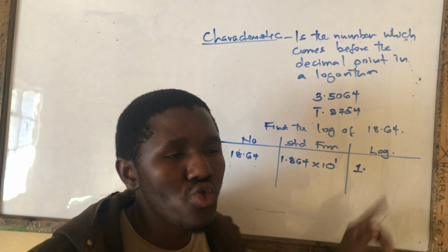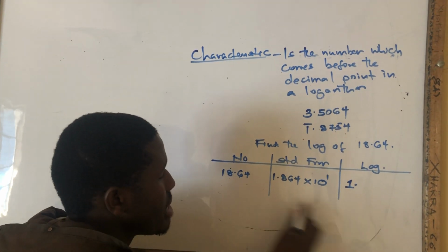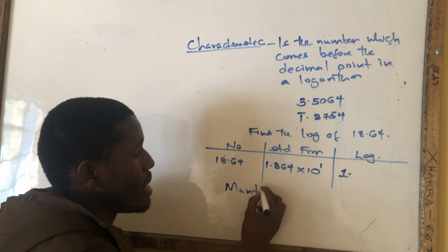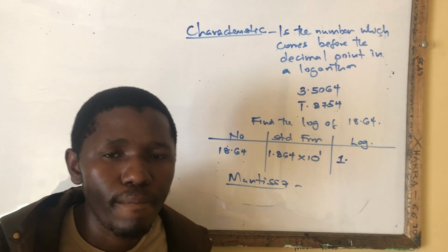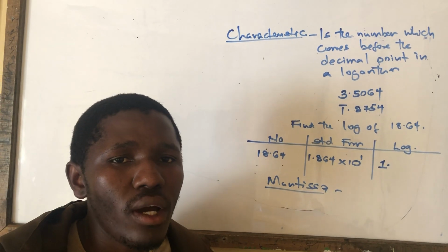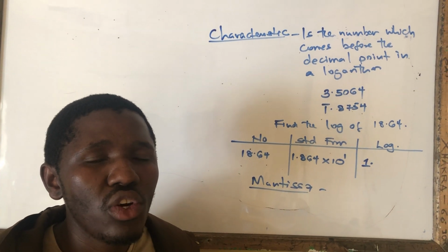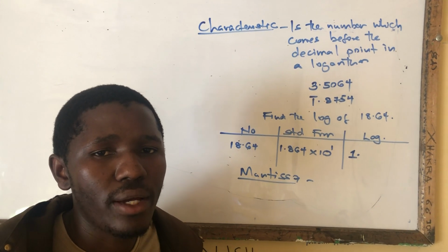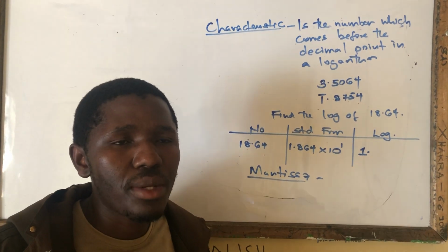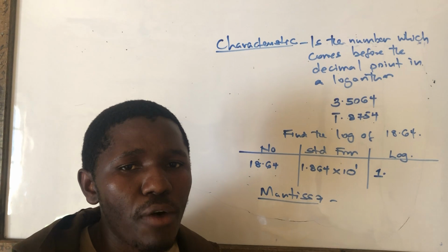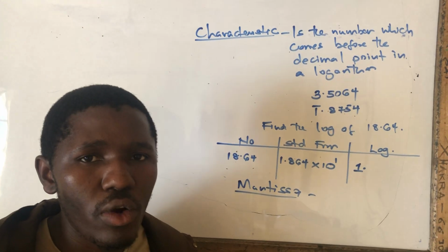Which brings us to the second terminology used in logarithms, and that is mantissa. What is the mantissa? The mantissa are the numbers which come after the decimal point in a logarithm.